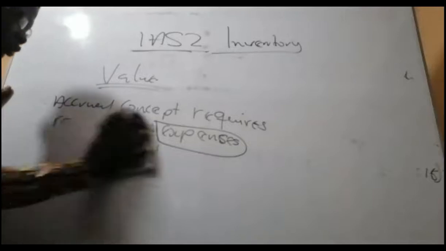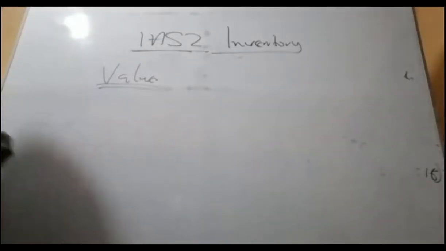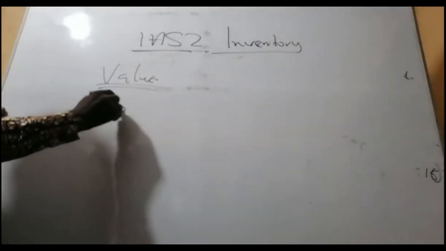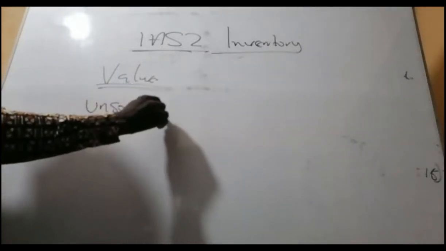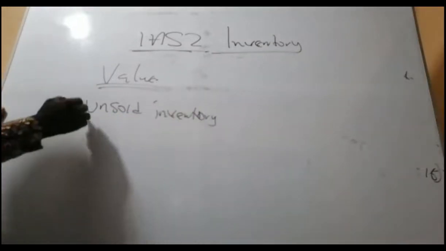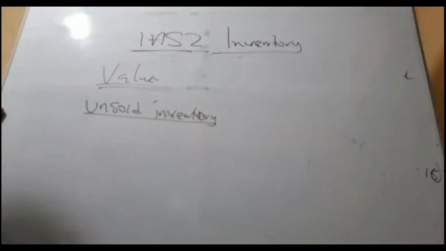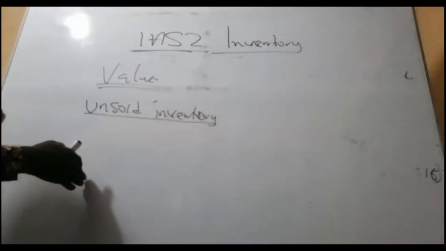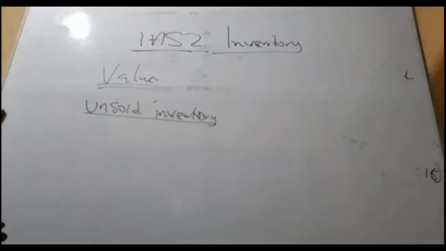Now, unsold inventory, or unsold goods. Unsold inventory means that it does not have related revenue.